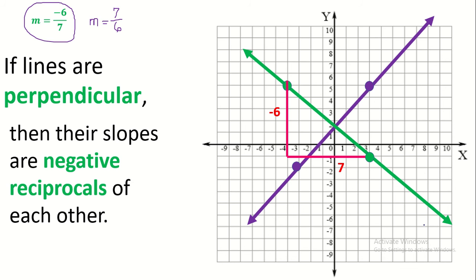Okay, so let's take a look at the slope of the purple line. Now if we go from point to point, we're rising up 7 units. Okay, so we have 1, 2, 3, 4, 5, 6, 7. 7 units going up.